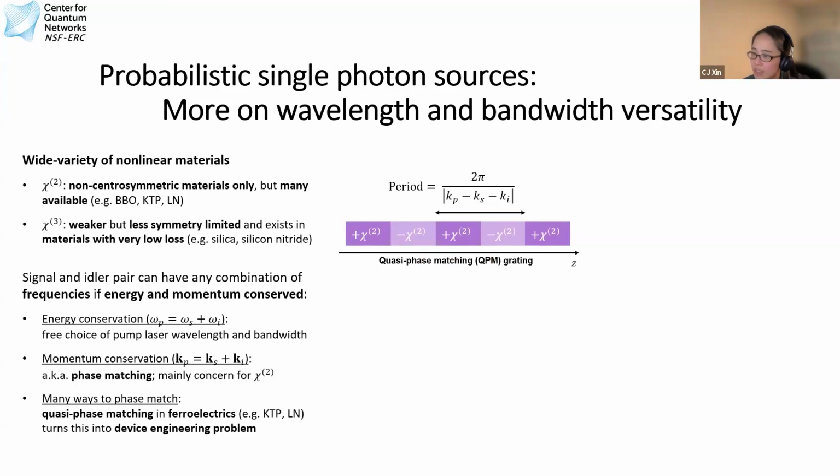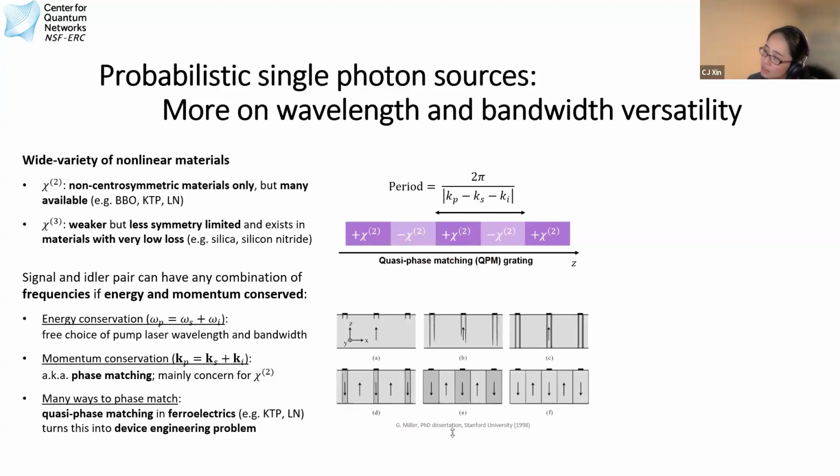And it turns out that fabricating these, while kind of difficult, has been worked on since 1998. We know how to do this in bulk really, really well. And in general, the feature sizes are not too small. They're like tens of microns for photons generated in telecommunications.